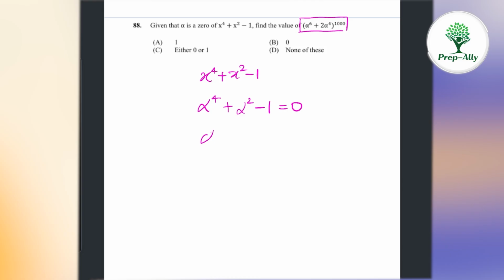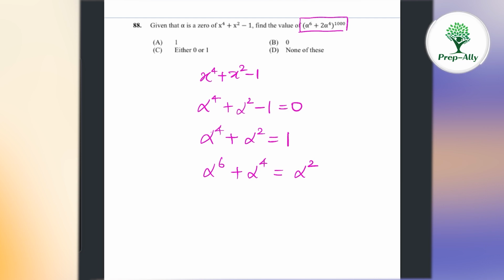So alpha power 4 plus alpha squared equals 1. Let's multiply both sides by alpha squared. So we have alpha power 6 plus alpha power 4 equals alpha squared.